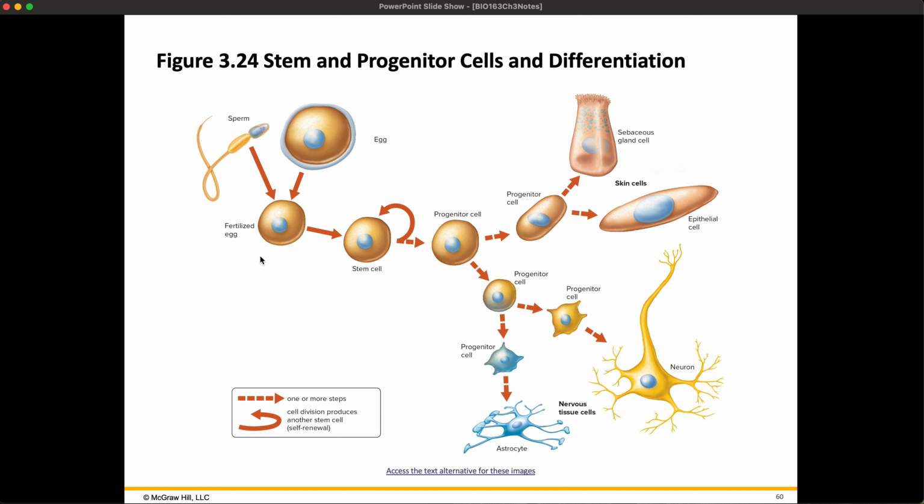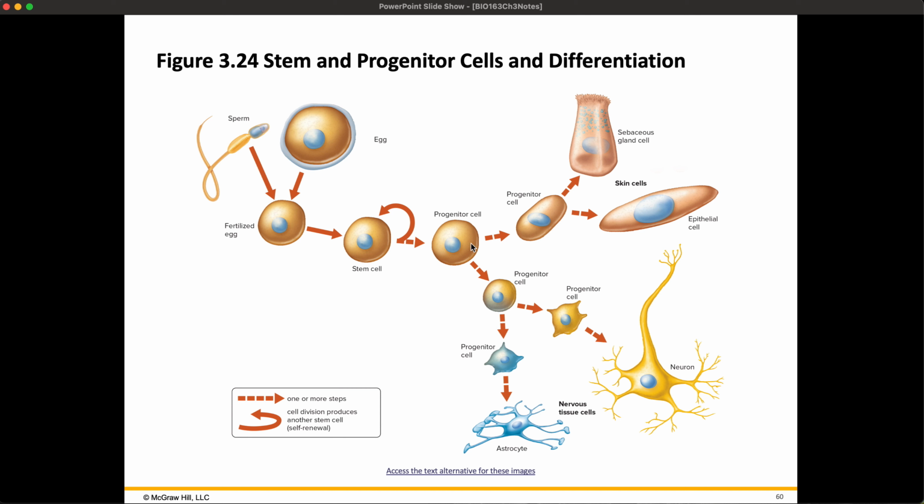Here you can see part of that process. You have your sperm and your egg cells. They come together to fertilize the cell, and then this starts with a stem cell. A lot of those first cells that we have after fertilization are what we call pluripotent. They have the ability to become anything, and in fact they do become everything in our body. Those pluripotent cells become everything from your nerve cells and your muscle cells to your taste buds and your hair, and it all comes from these original stem cells.